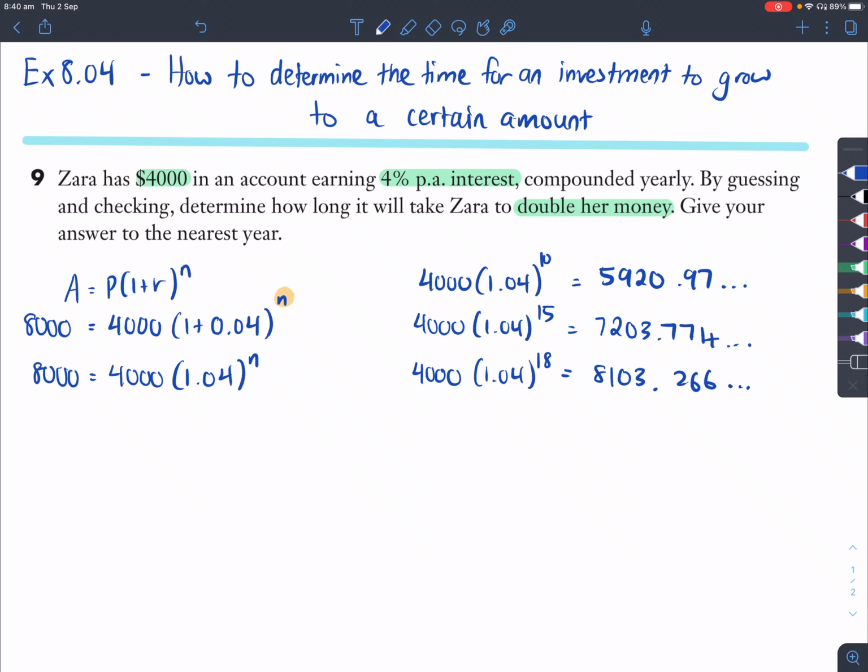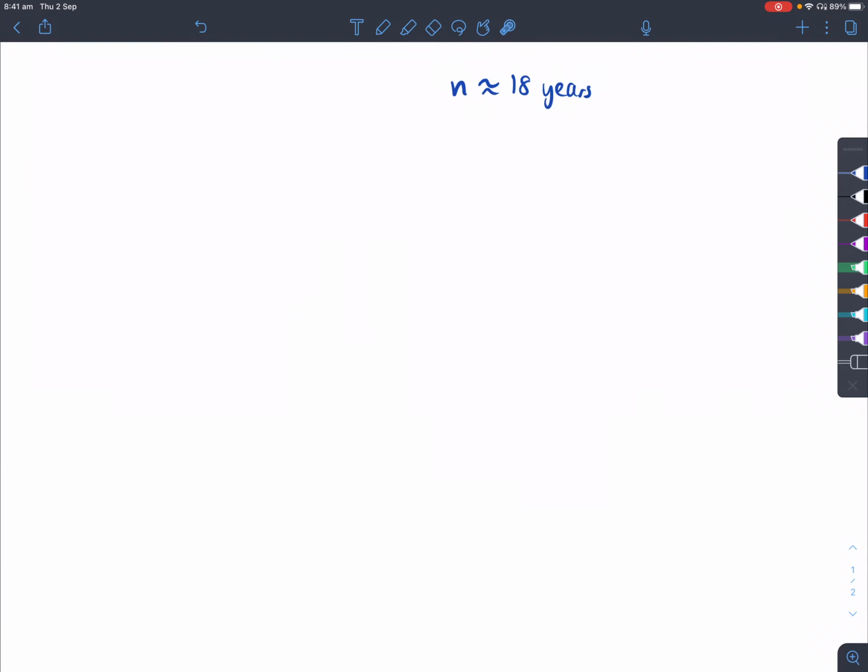So our answer for this one is n is approximately 18 years for $4,000 to grow to $8,000. Let's have a look at one more question.